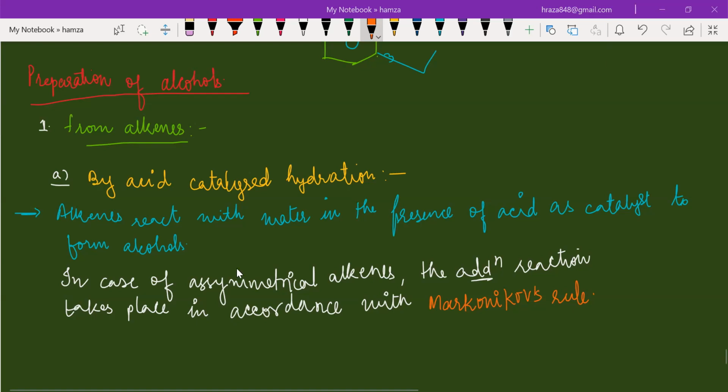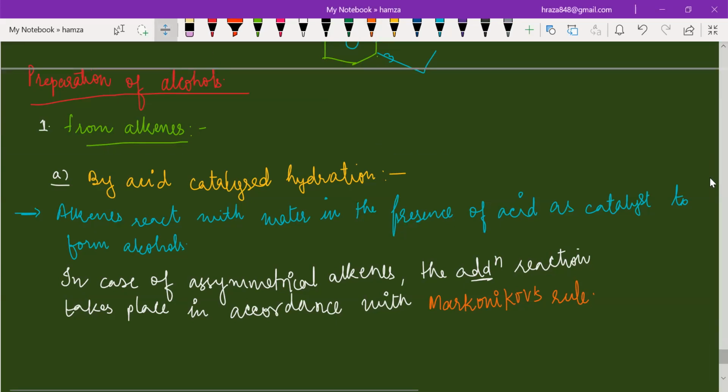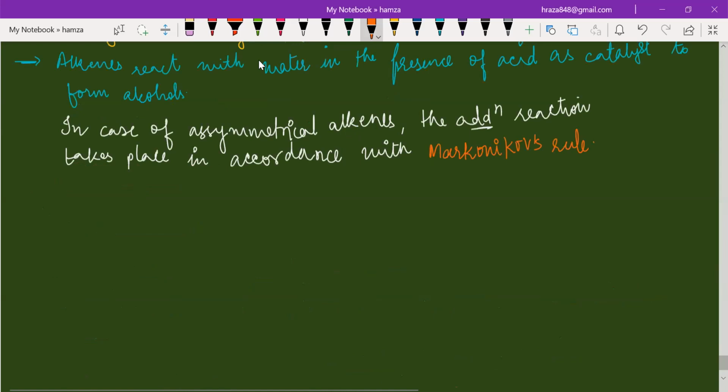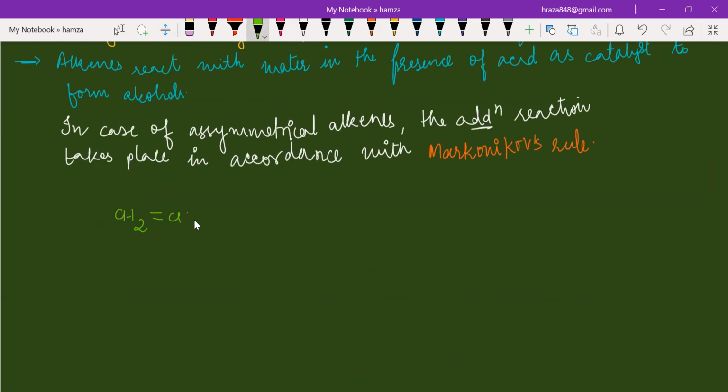Please let me know when you are done with this. Yes, sir. Finished. Very good. Everyone done with this? Okay. Alia, Hamza. So see what happens here. If you have an alkene, can you tell me whether it is a symmetrical or asymmetrical alkene?